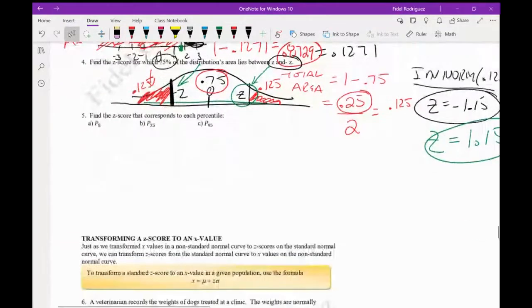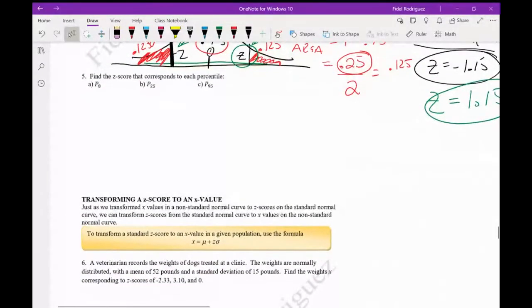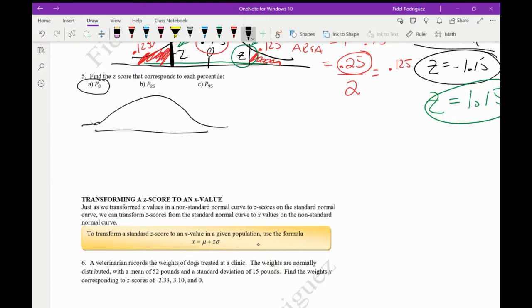So let me go to number 5, and we'll do it the same way. It says find the z-score that corresponds to each percentile. So all this is telling me, guys, is I'm going to draw my normal curve. Here's my 0.